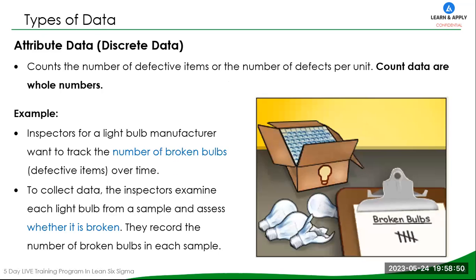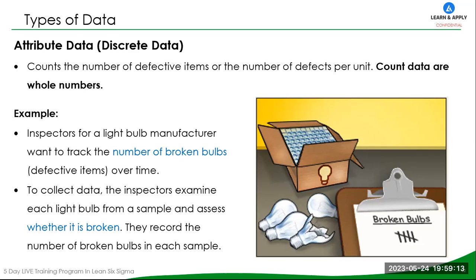The second type is attribute data or discrete data. It is called discrete or attribute because it is always expressed in terms of a whole number, a count, like the number of broken bulbs. We always say 1, 2, 3, 4. We cannot say 4.4.